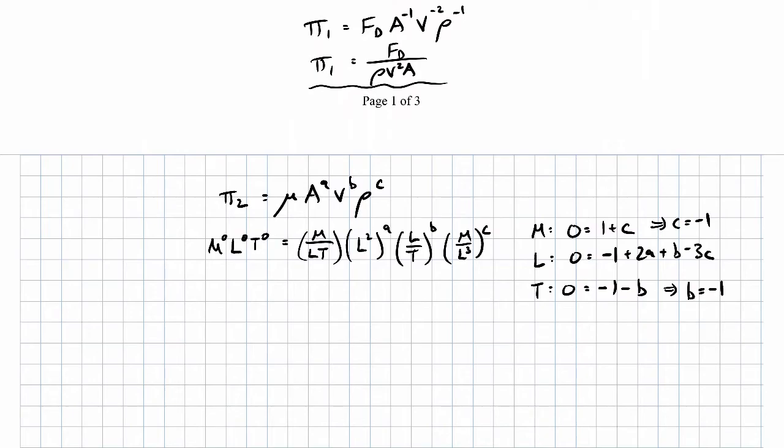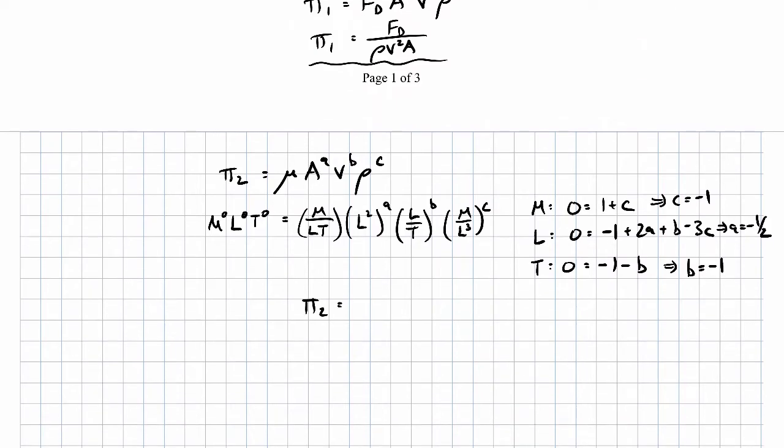B is equal to minus 1. And then let me plug those into the middle one here. So we have a minus 1 plus 3, so that will be a 2. Minus 1, that'll give me a 1. And then the 2A, so that'll be, A should be a minus 1/2. I think I've done that correctly.